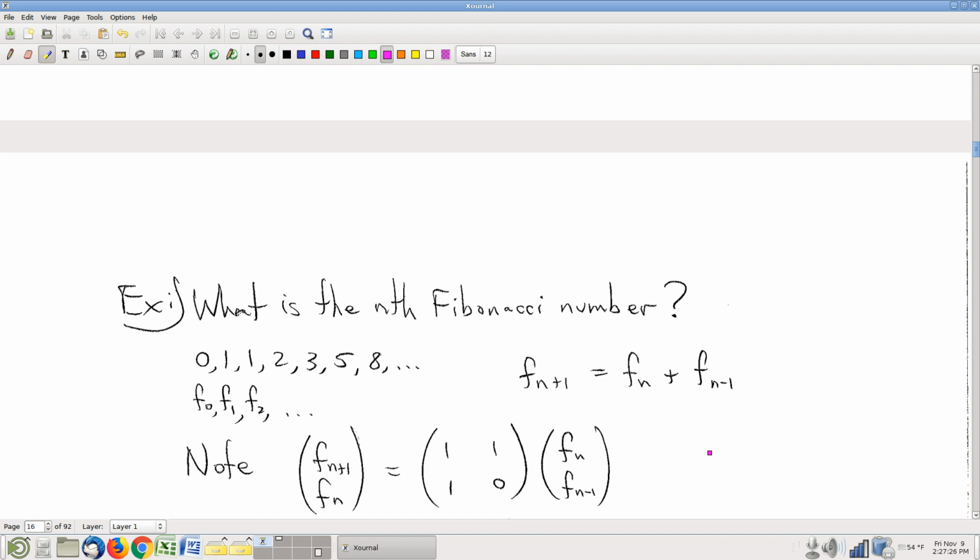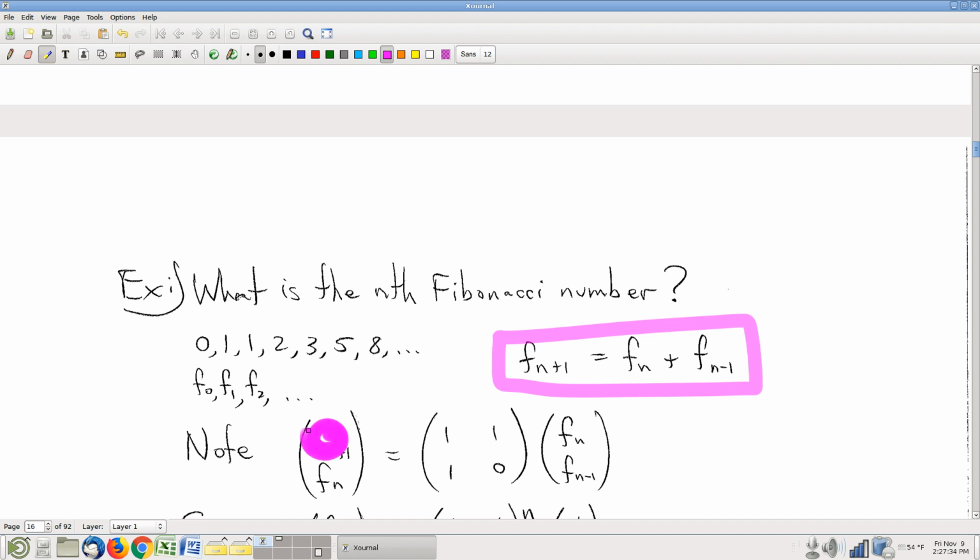So what I'm going to do is make this observation that this recursion relation between individual Fibonacci numbers, notice that all that is sort of the first line, if you will, of this matrix equation. Notice that the second line of this matrix equation just says Fn is equal to Fn.